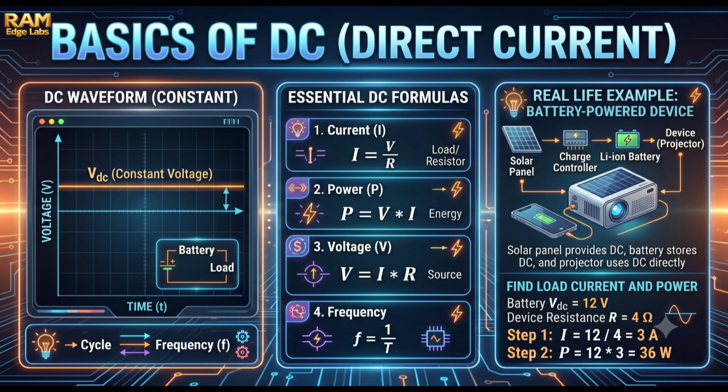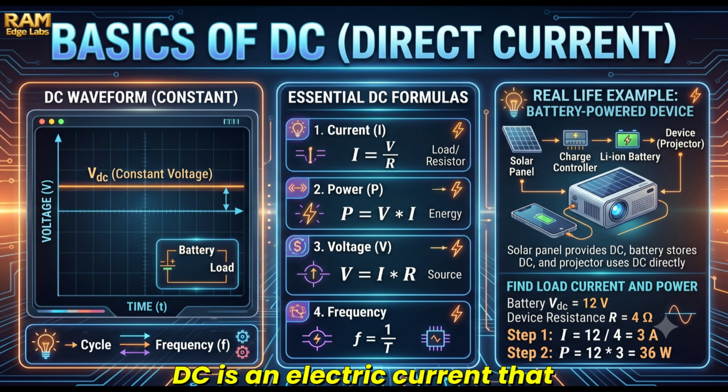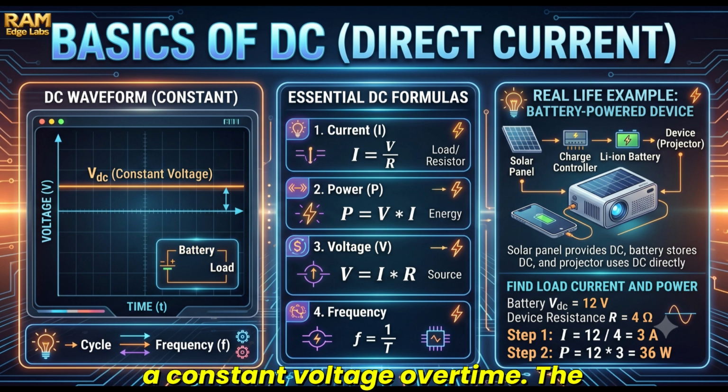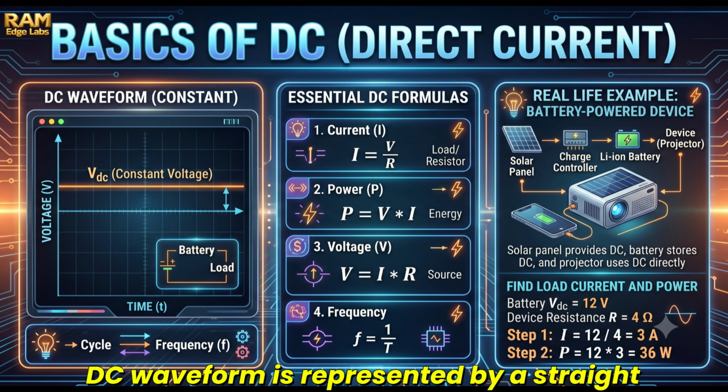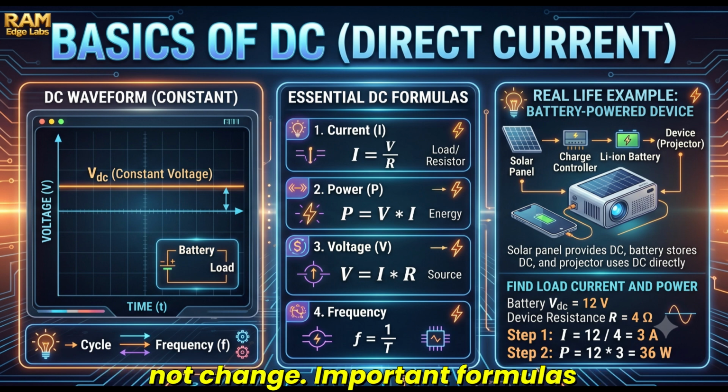In summary, the image explains that direct current, DC, is an electric current that flows in only one direction and provides a constant voltage over time. The DC waveform is represented by a straight horizontal line because its voltage does not change.